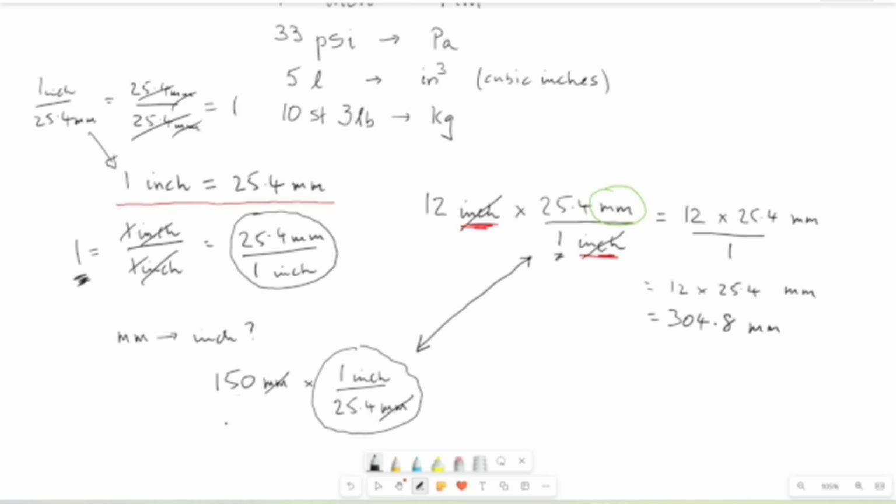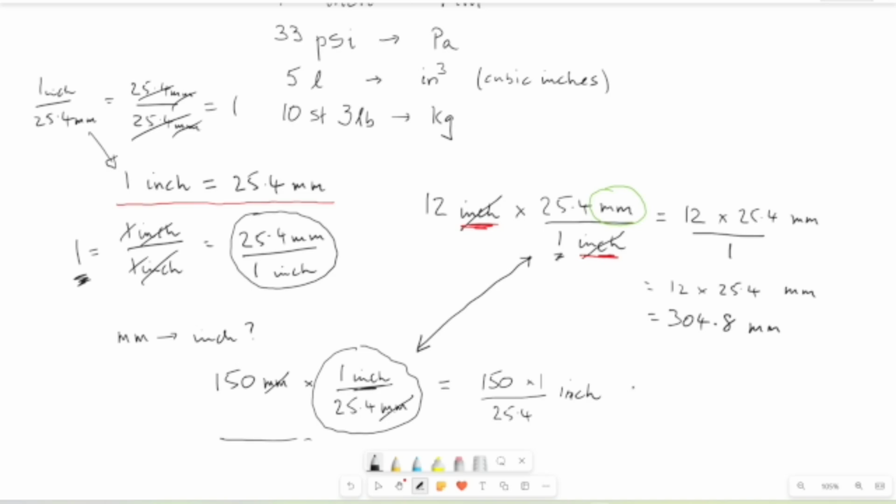So just finishing off this calculation here, we've got 150 millimeters, and we've cancelled the unit, so it's now just 150 times 1 divided by 25.4, and the units are inch, because that's what we've got left with on the top here.